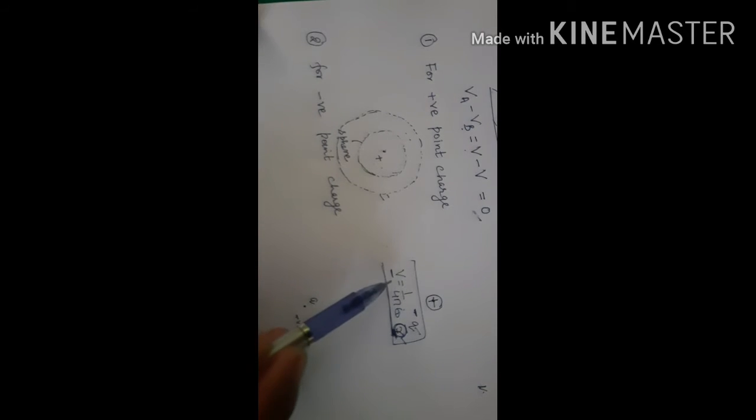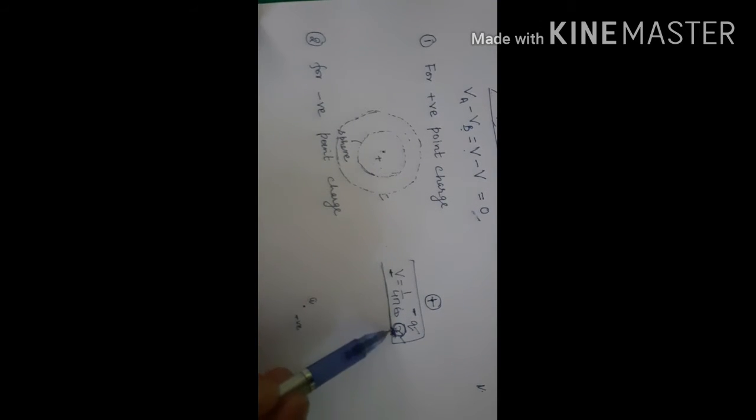If R is the same, then the potential will also be the same, that is an equipotential surface. Or in other words, for the potential to be the same, the radius should be the same. For V constant, R should be constant.